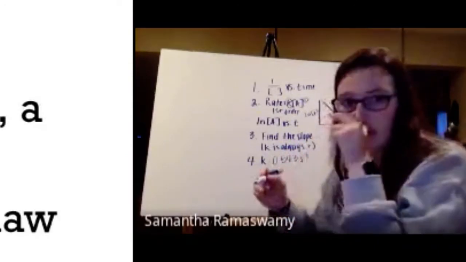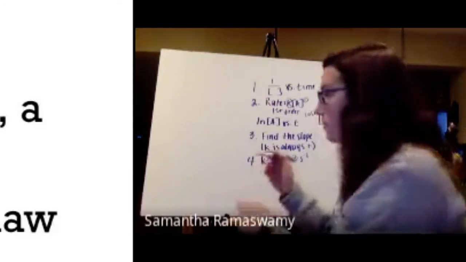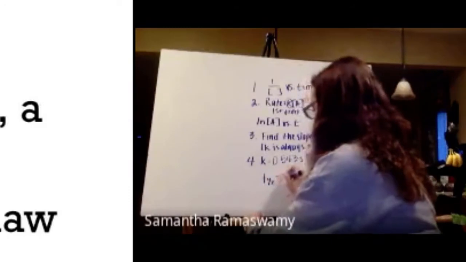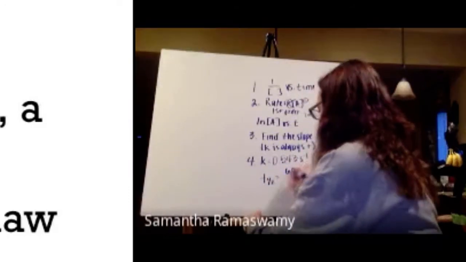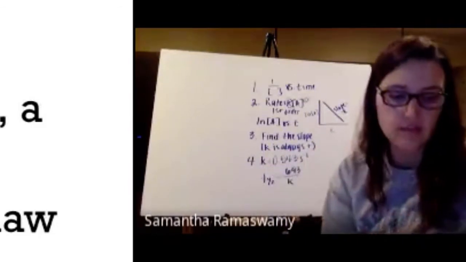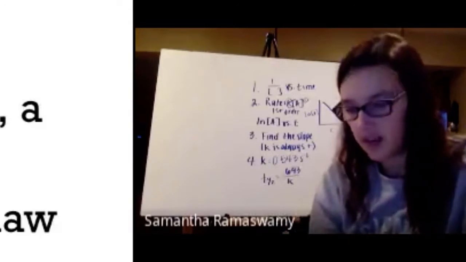For the half-life, remember you have the half-life equation on your equation sheet for a first order process. The half-life is 0.693 divided by k.